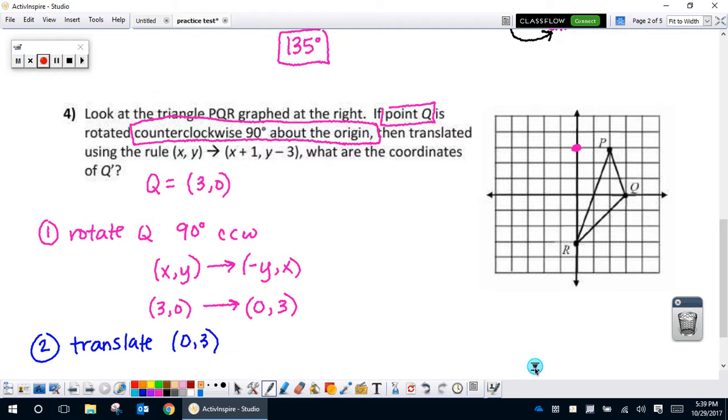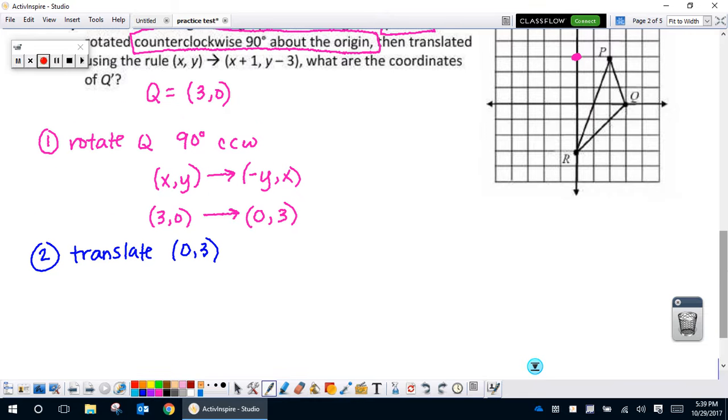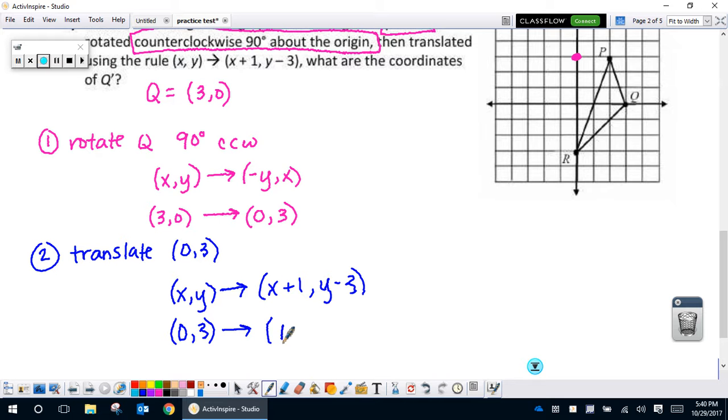What do they want us to do? They want us to start at (x, y) and then add 1 to the x and take away 3 from the y. Remember you want to start at what you just rotated, (0, 3). So 0 plus 1 is 1, and 3 minus 3 is 0. So now Q prime would be at (1, 0).